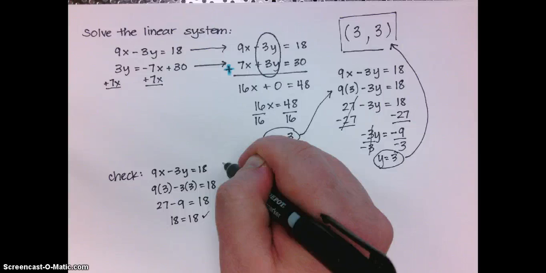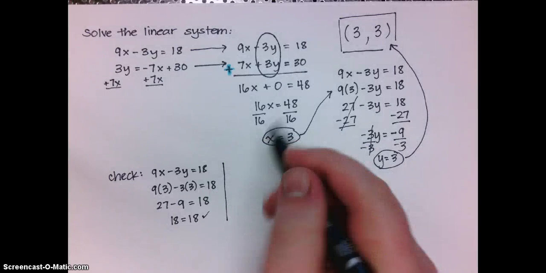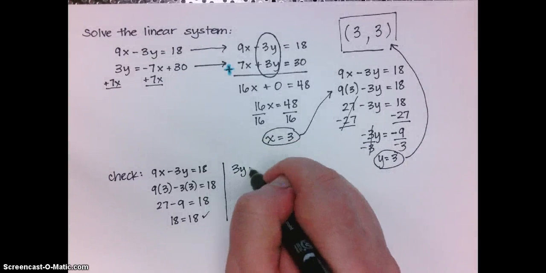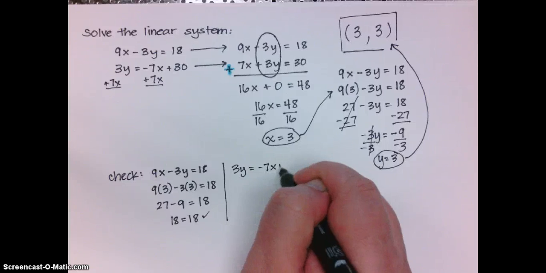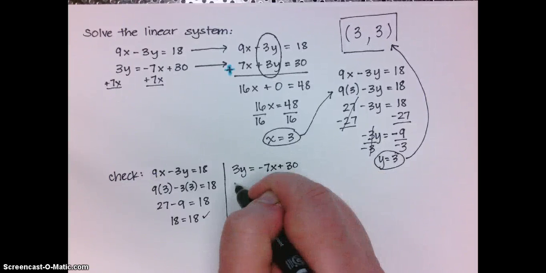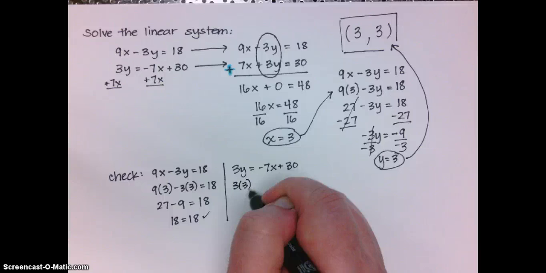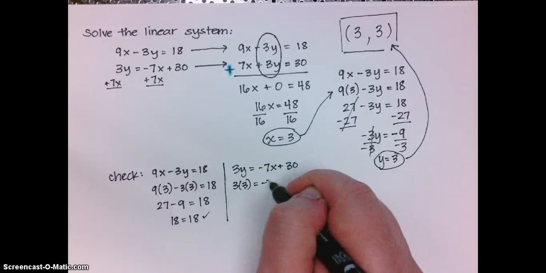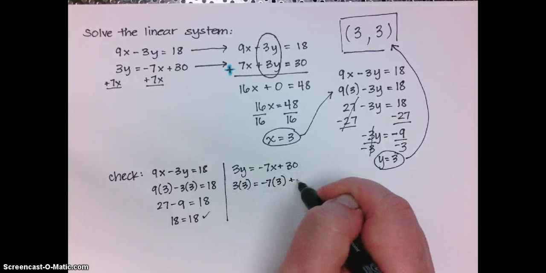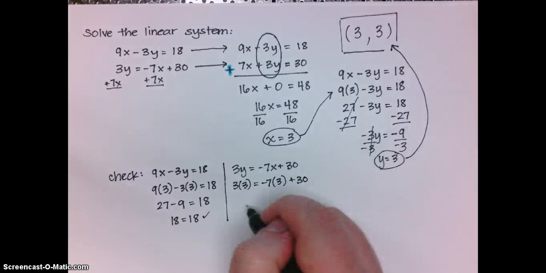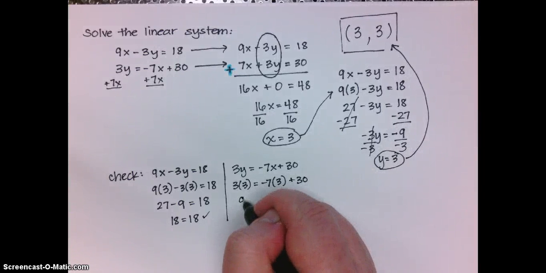Let's just check the other equation. I have 3y is equal to negative 7x plus 30. Plug it in. 3 times 3 is equal to negative 7 times 3 plus 30. The left-hand side, 3 times 3 is 9.